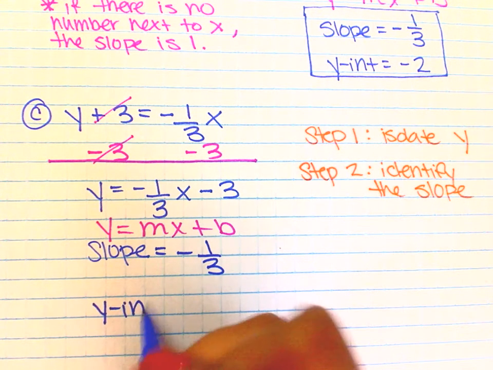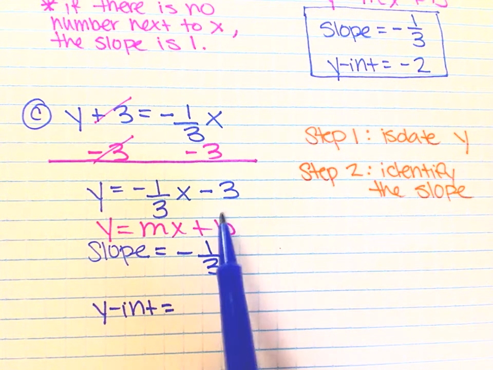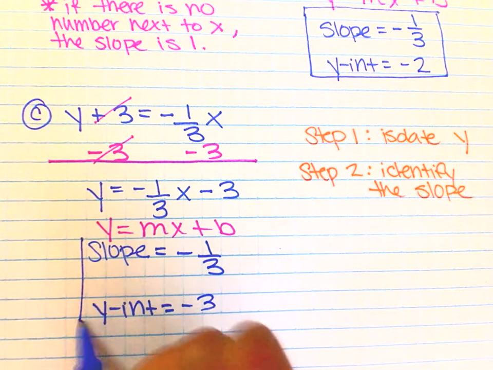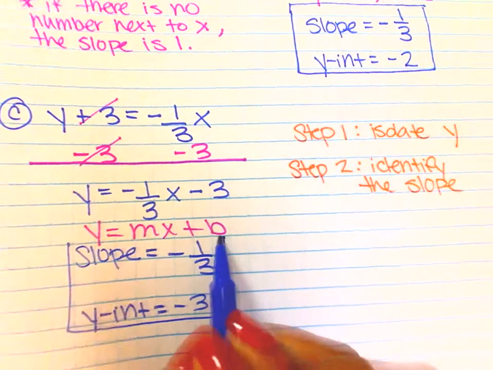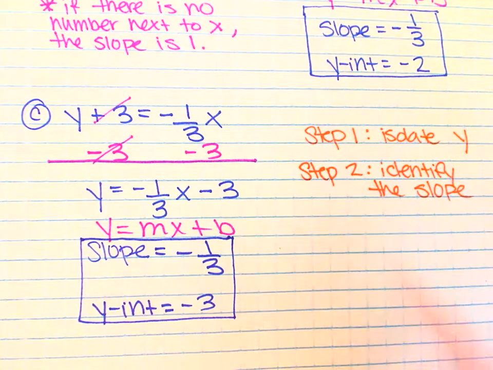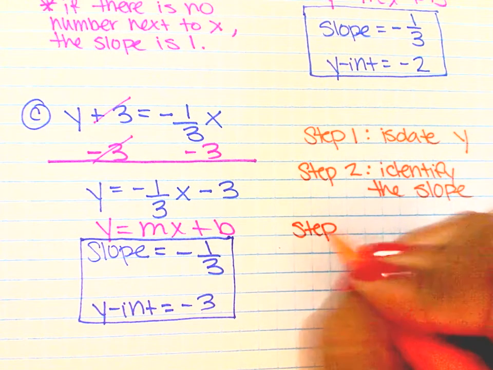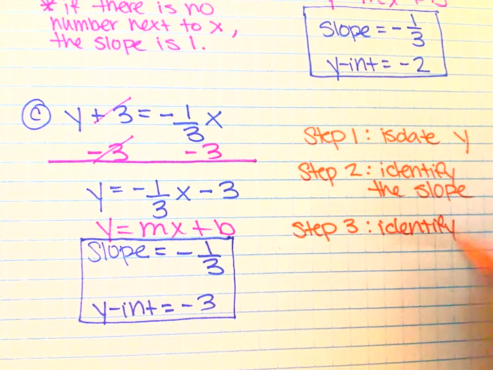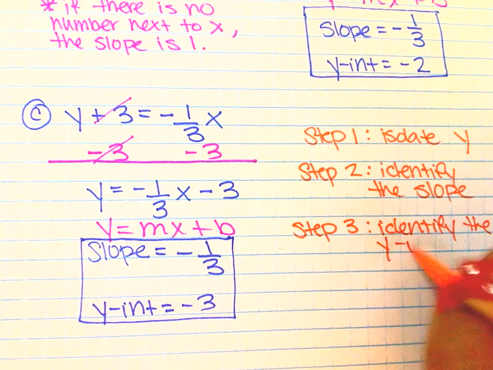And my y-intercept is 3? What? Negative 3. Negative 3. So my last step was to identify the y-intercept.